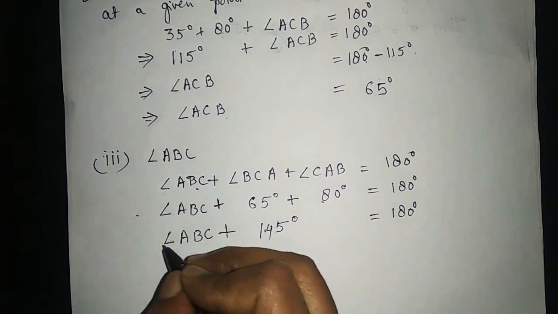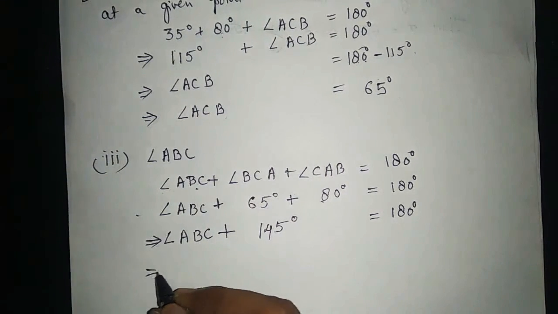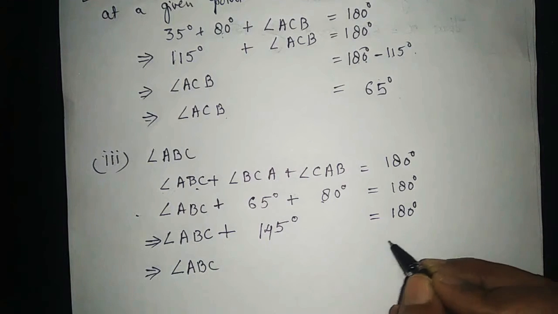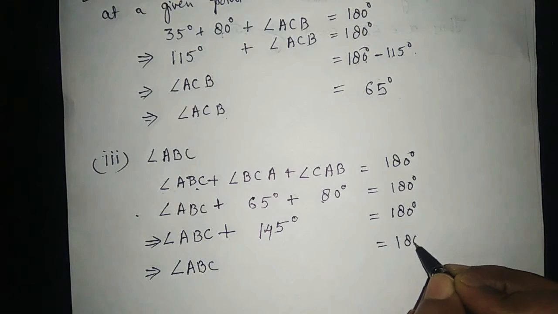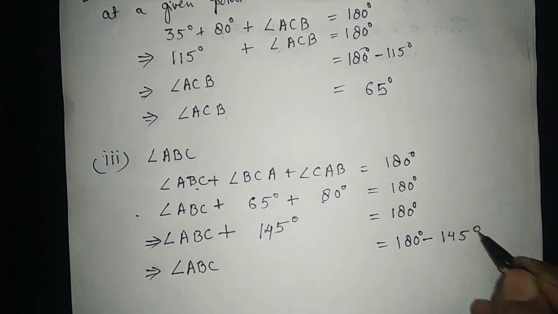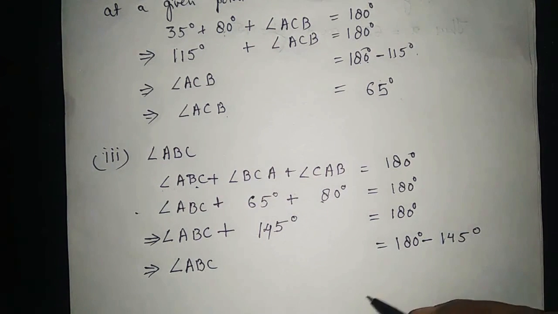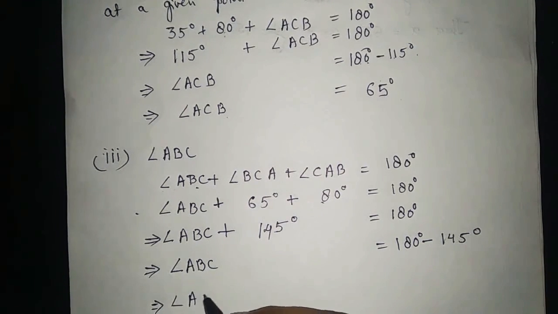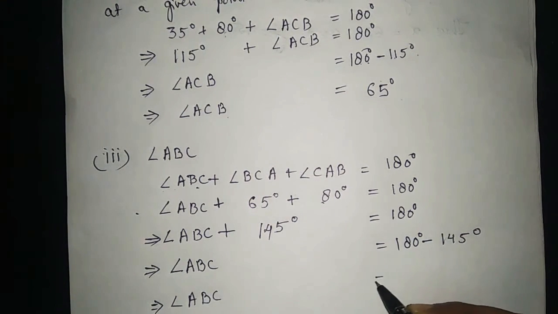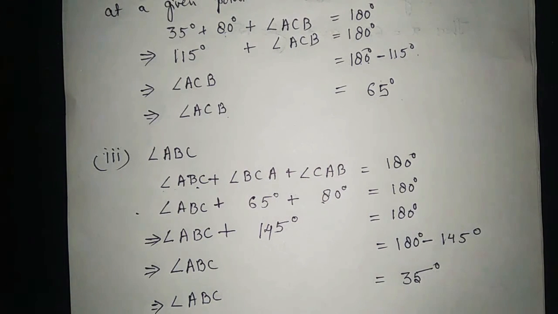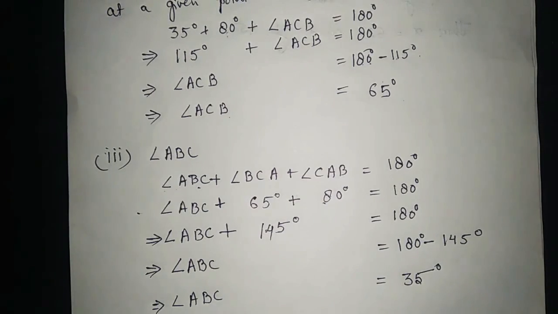Now we will find measure of angle ABC. Here we will do 180 degree minus 145 degree. We will get here angle ABC is equals to 35 degree.